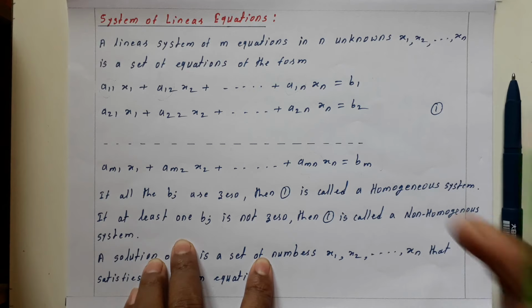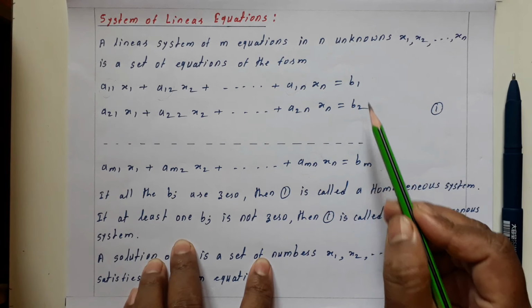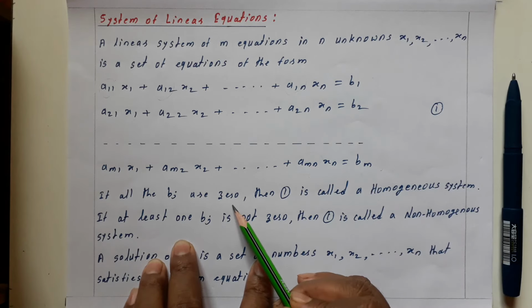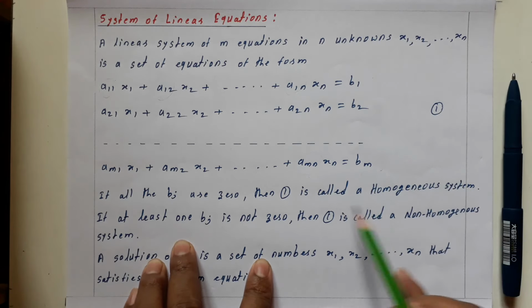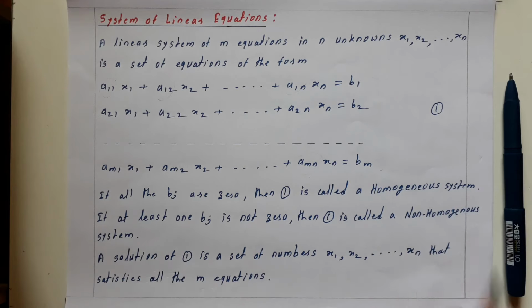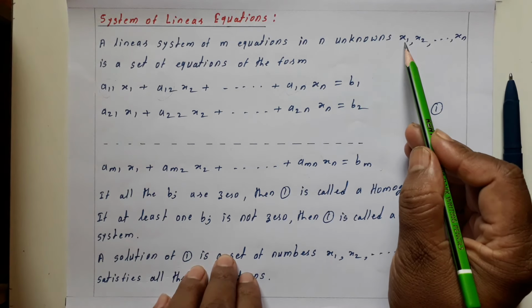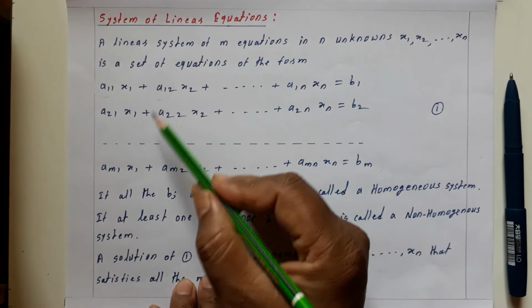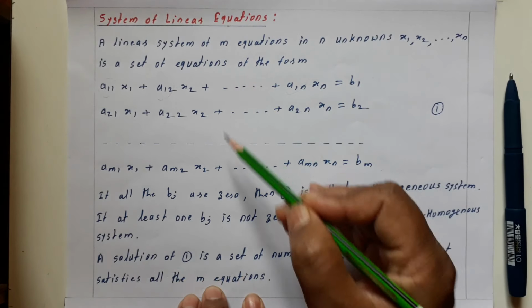Now if all the b1, b2 up to bm are 0, then the system 1 is called homogeneous, otherwise it is called non-homogeneous. Now solution means the values of variables x1, x2, xn which satisfy the given system.